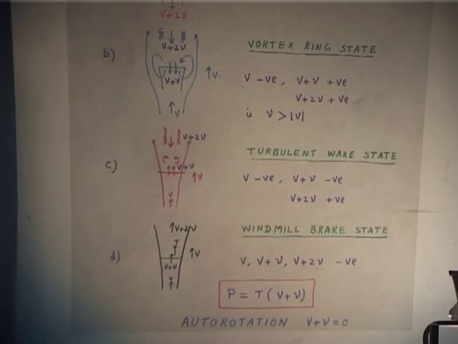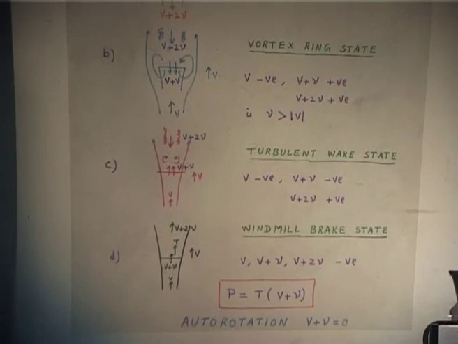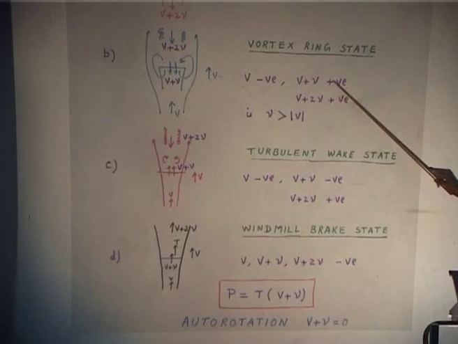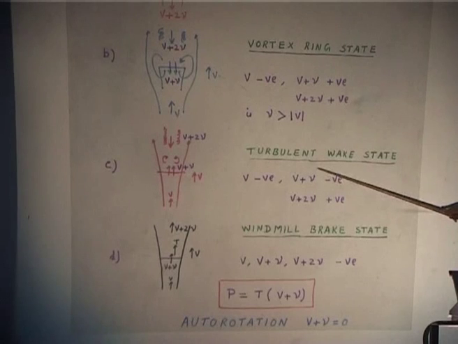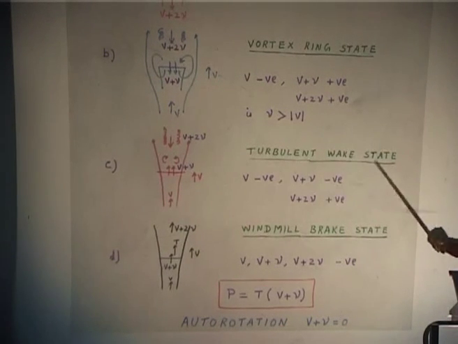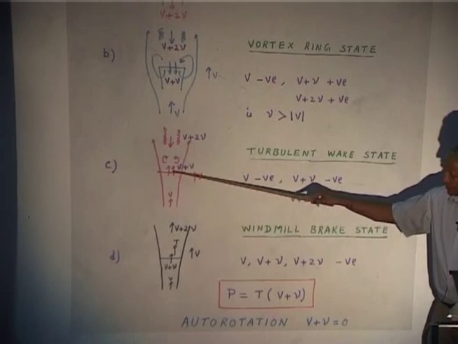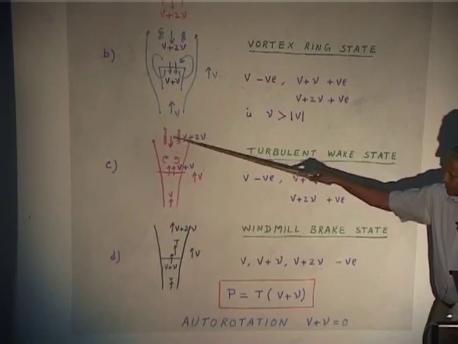Okay. That is the boundary line between these two states, because V plus nu positive, you come here, V plus nu negative, and in this state you see the flow here is up, here also is up, but this flow is down.